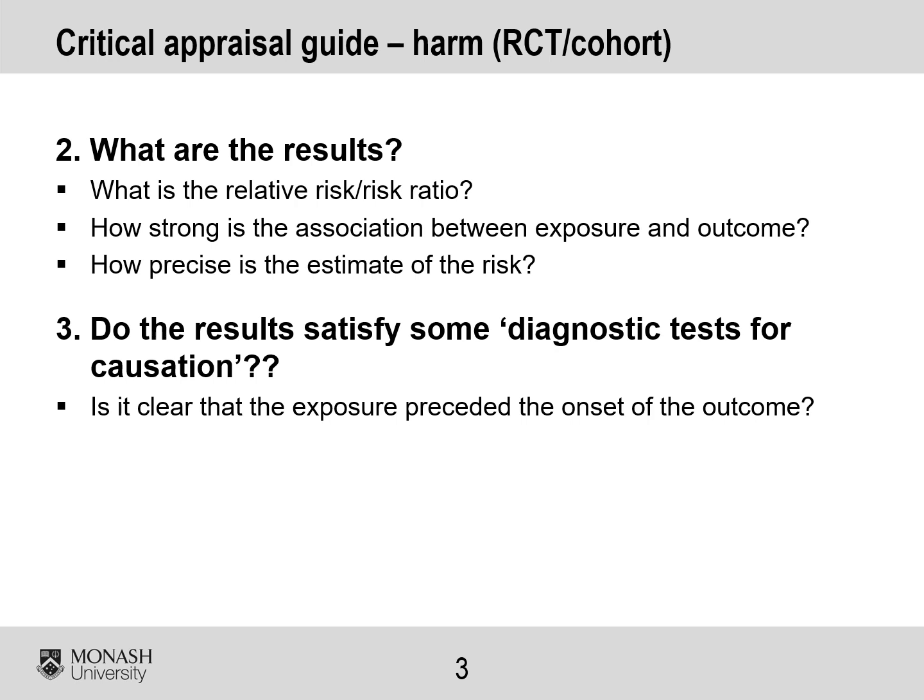So did the outcome occur after people had been exposed to whatever the factor may have been? So what we're looking at here is really trying to identify that there is an association between exposure and then prospectively in terms of outcome.